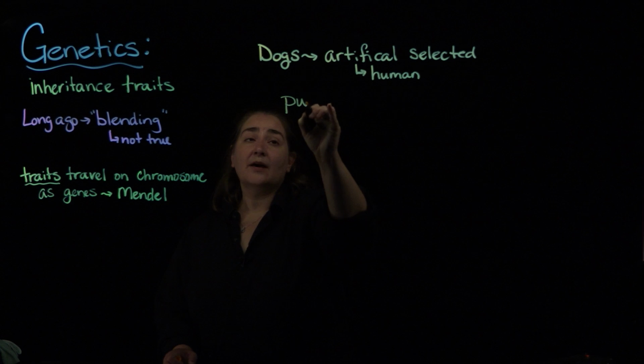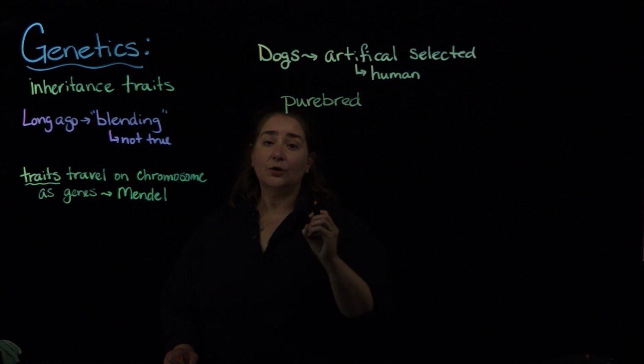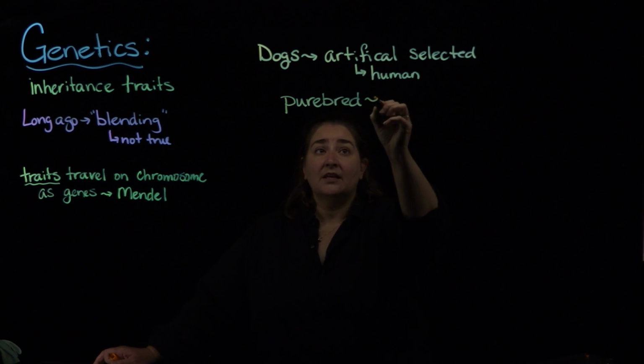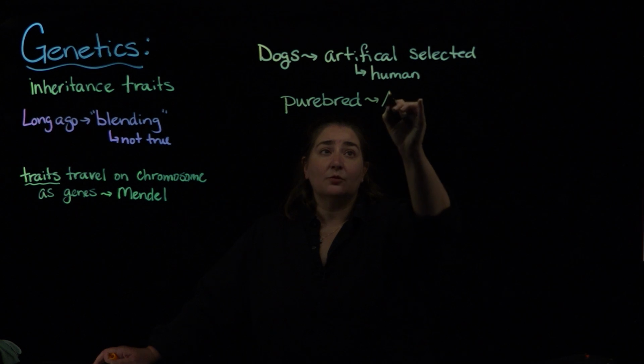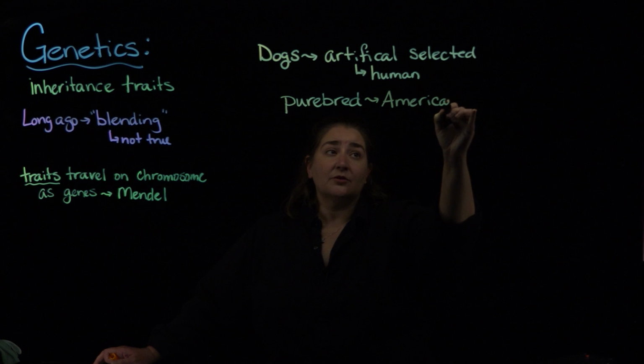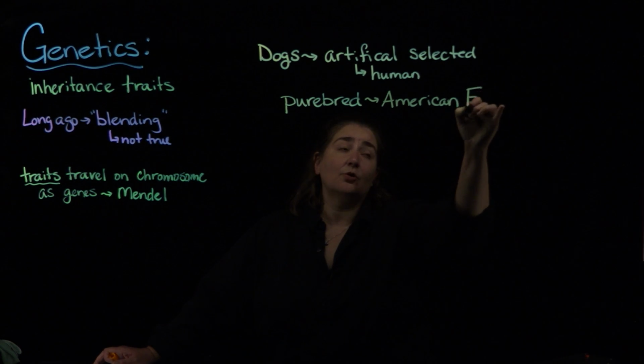And what ended up happening out of that is we have generated some purebred lines of dogs, all right? And I actually own a dog that's a purebred, all right? We did adopt her actually through Albuquerque Humane. How she ended up there, I don't know.